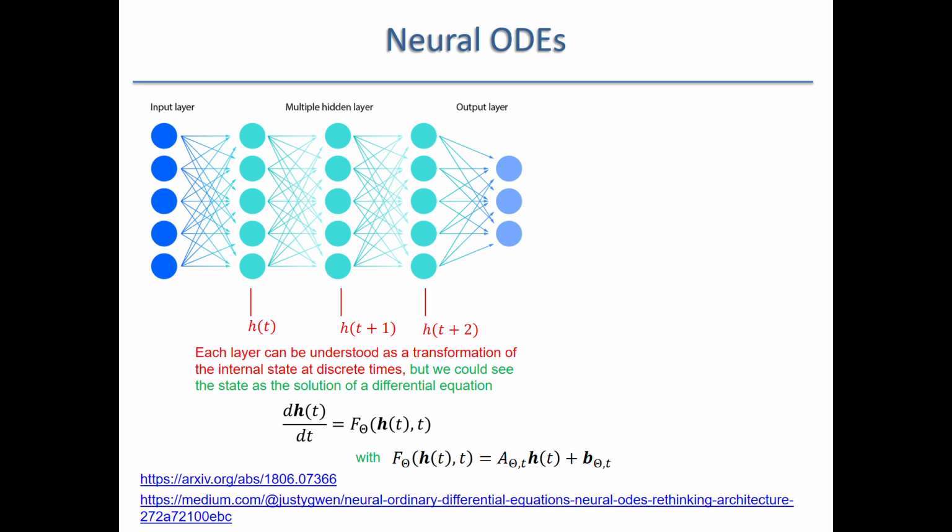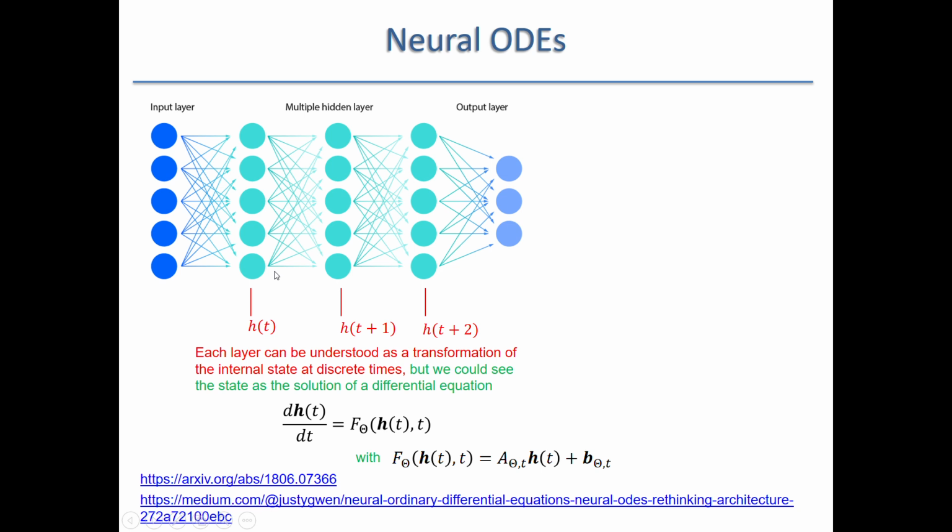Now we will see some specialized kinds of neural networks. This one is called neural ordinary differential equations. We can think of a multi-layer perceptron in which we have multiple hidden layers, and each one of the hidden layers has a state, an activation state.